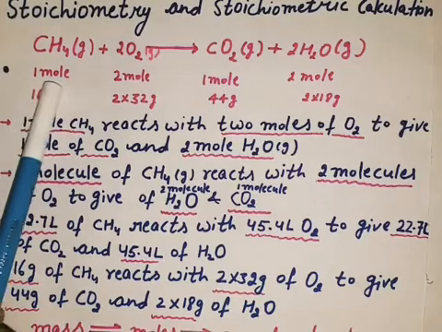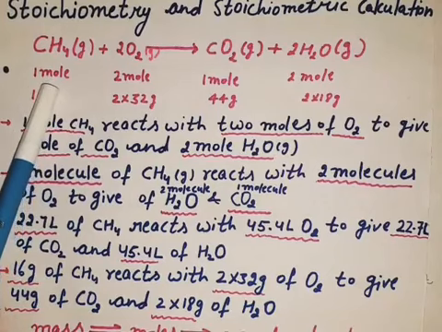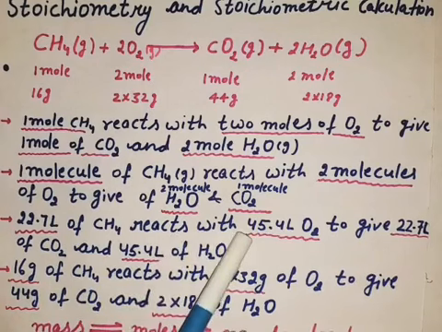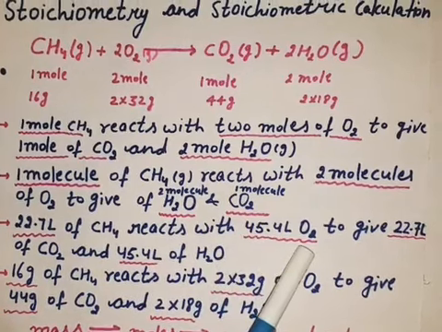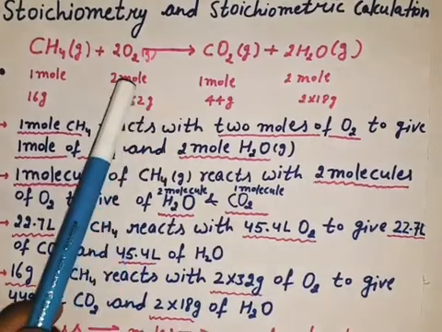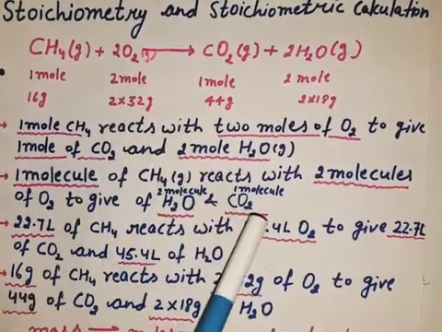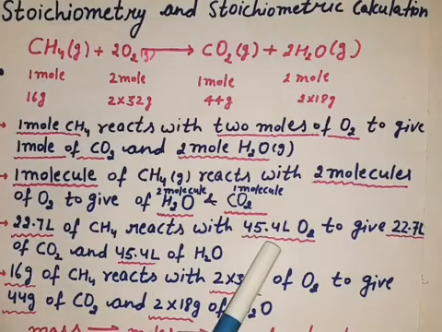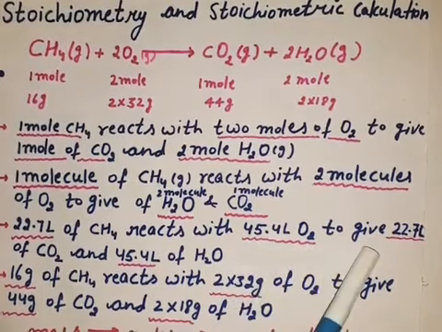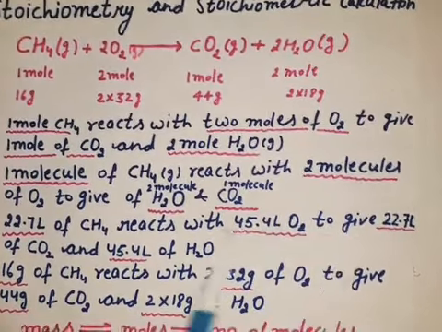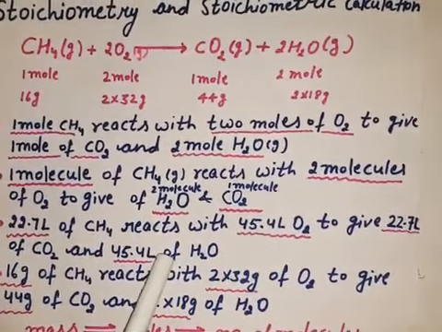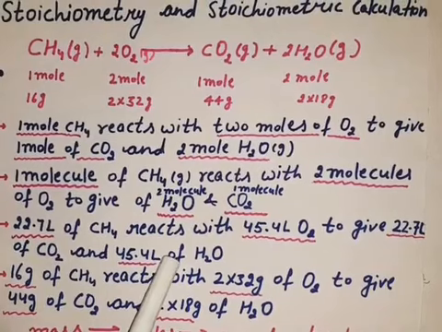So here 22.7 liters of methane reacts with 45.4 liters of oxygen, because 2 moles of oxygen are present, and 2 into 22.7 is equal to 45.4 liters, to give 22.7 liters of carbon dioxide and 45.4 liters of water, because again water is present here in 2 moles.